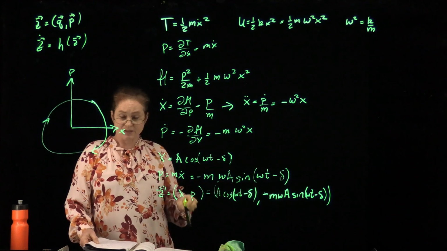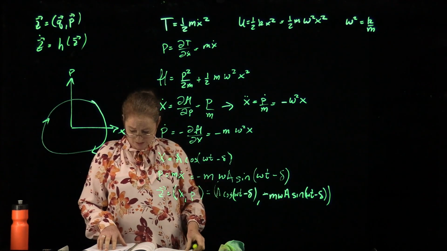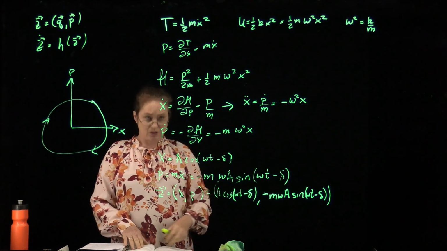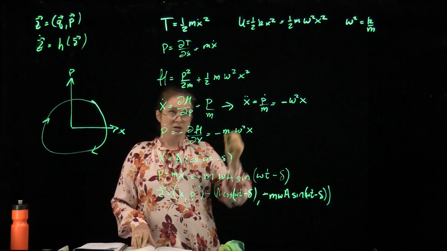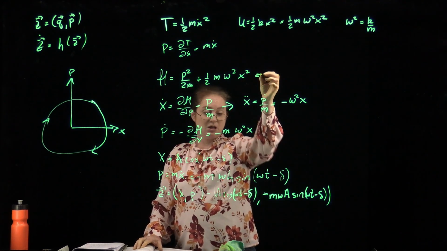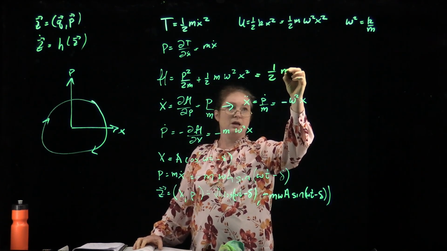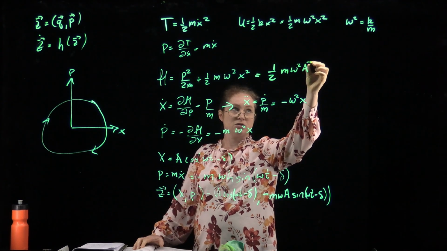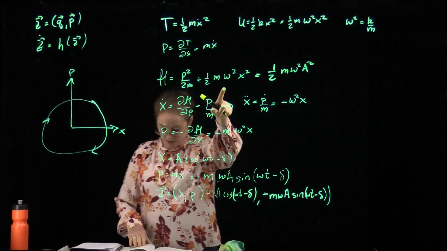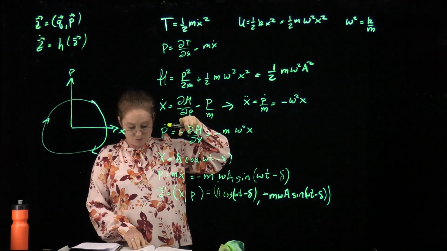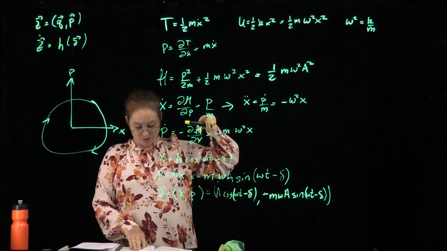And the orbits have to be ellipses through conservation of energy. So you can take this form and plug these solutions in, and you get that this is 1/2 m omega squared a squared. And you can actually divide through by 1/2 m omega squared a squared.